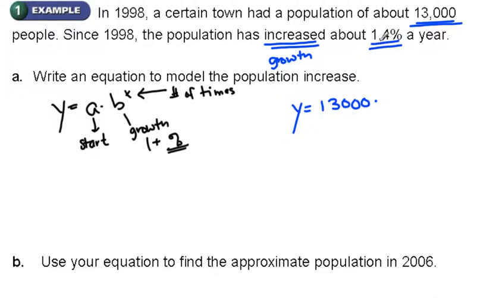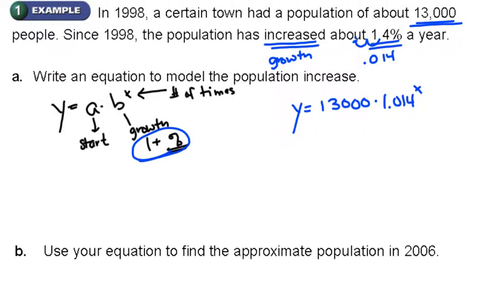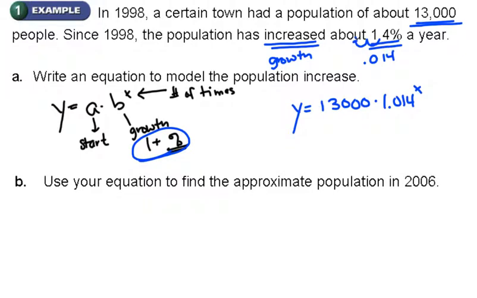This is a percentage, so to convert that to a decimal, we move it 2 places, and that becomes 0.014. So our growth factor is 1 plus that, which will be 1.014 to the x power. And that is going to be your equation to model the population increase.